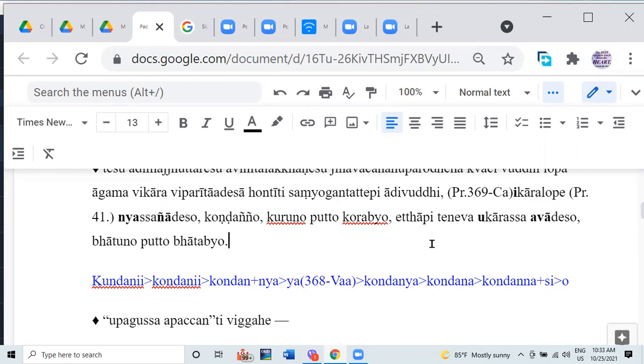In Myanmar, also short E. Not long E, you see? It should be long E. That's why I think Kundinya, Nisia puts long E.